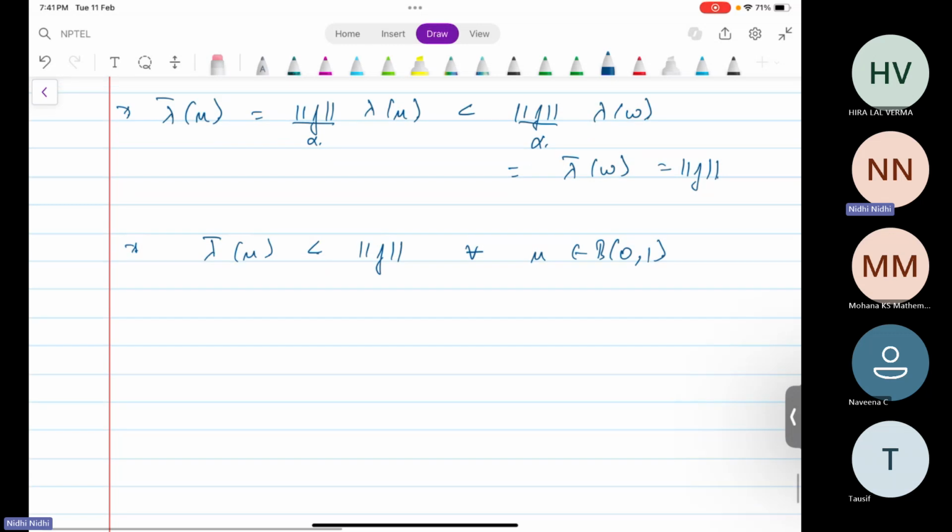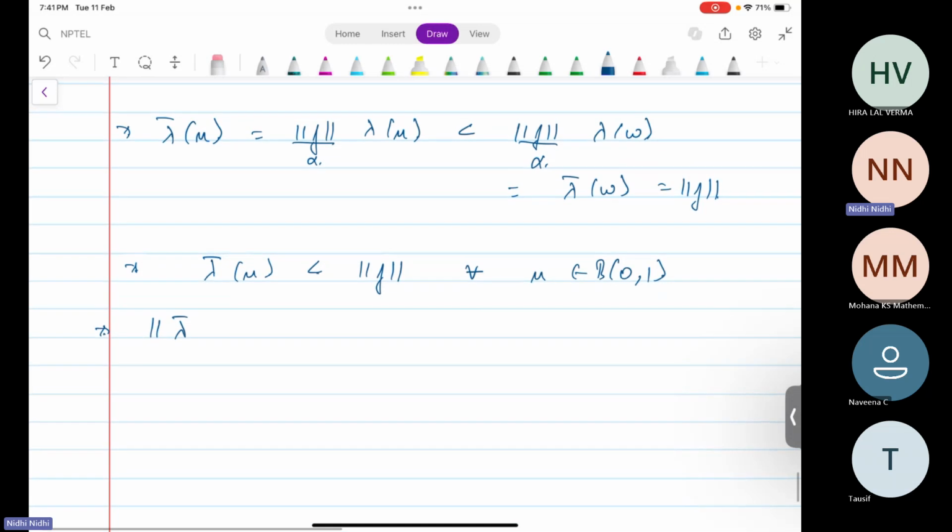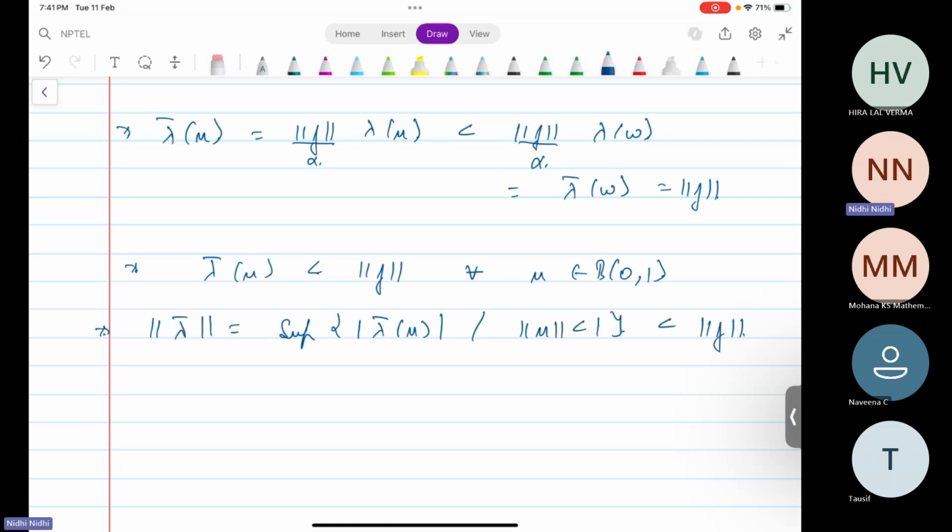This implies, by the definition of operator norm, the operator norm of lambda bar is equal to the supremum of |lambda bar u| such that norm u is strictly less than 1. This is less than or equal to norm f, because we have supremum.